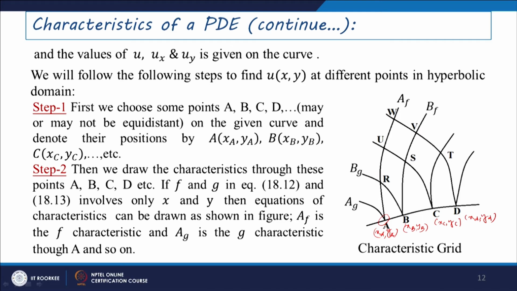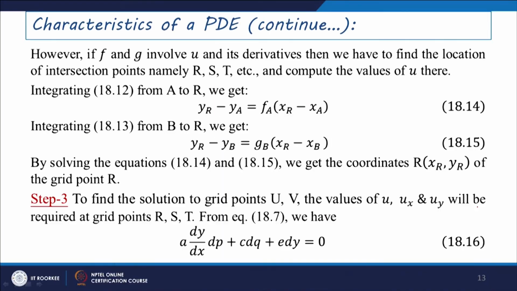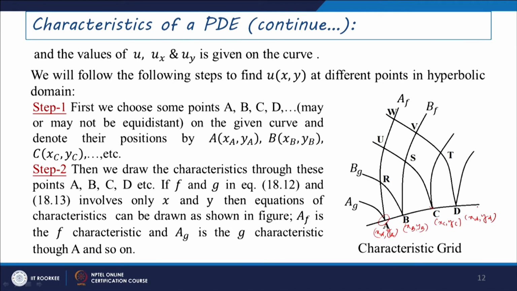That is af, the f characteristic, and ag is the g characteristic, which is defined at the point a. Likewise we will have characteristics at the point b, like bf and bg. If f and g involve u and its derivatives, then we can find the location of intersection points, namely the points r, s, t here.